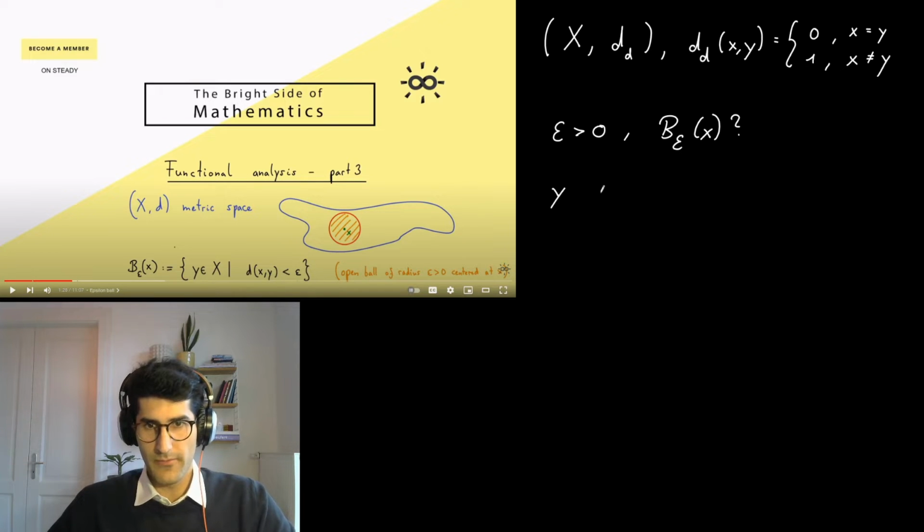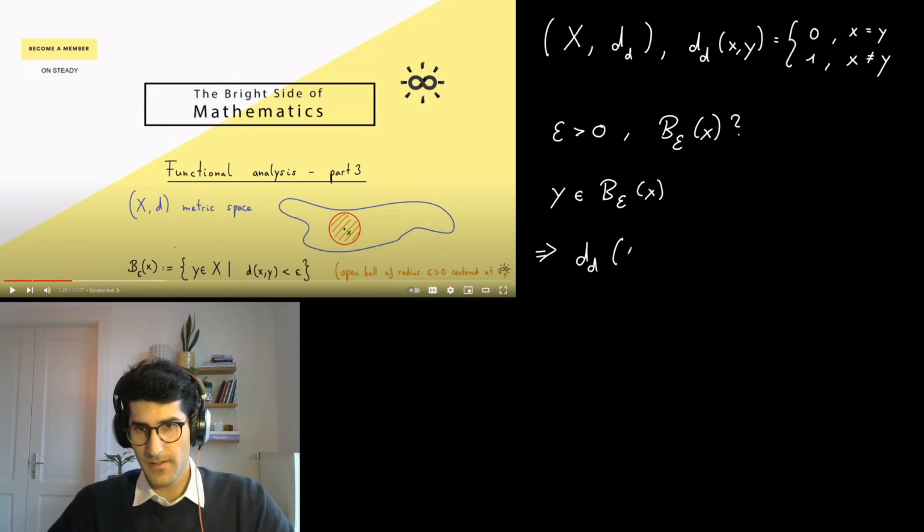So if y is an element of B_epsilon(x), then by definition the discrete metric for the pair (x,y) is smaller than epsilon.